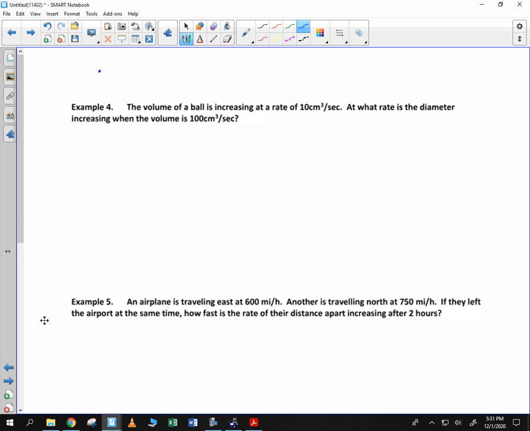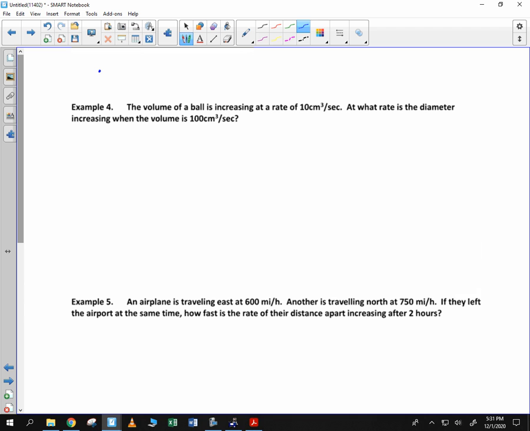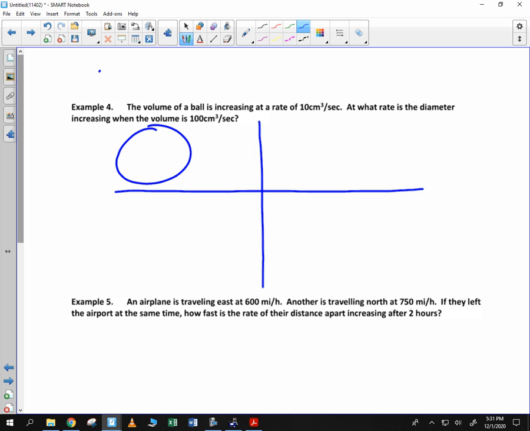That's enough to get started on your, well, we'll do one more and we'll pause the video. You can get started. The volume of a ball is increasing at a rate of 10 cubic centimeters per second. So we have this ball just like we did before, and we have our volume, which is 4 over 3 pi r cubed.